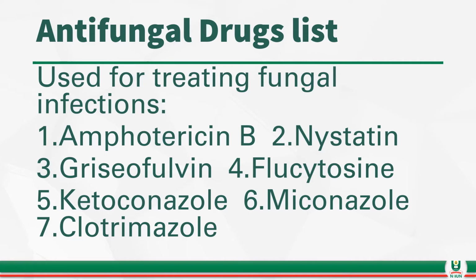Antifungal is used for treating fungal infections, whether it's systemic fungal infection or localized fungal infections of the skin and other parts of the body, or systemic, like I said, which are internal fungal infections that are within the body, in the blood and all that.